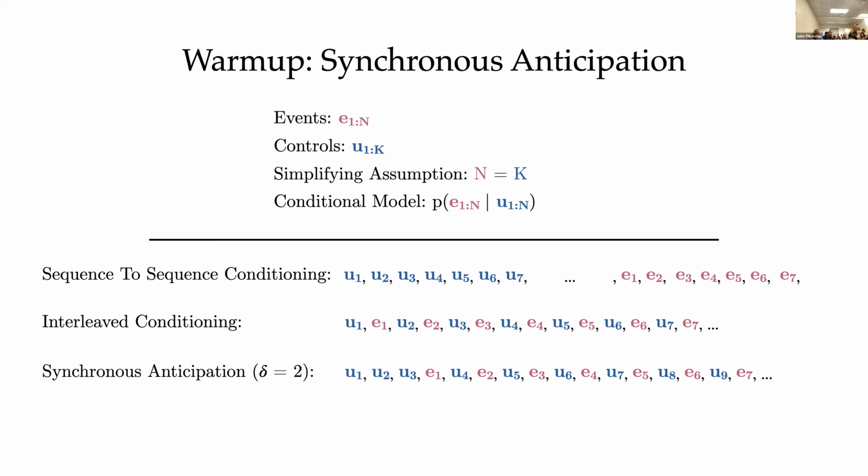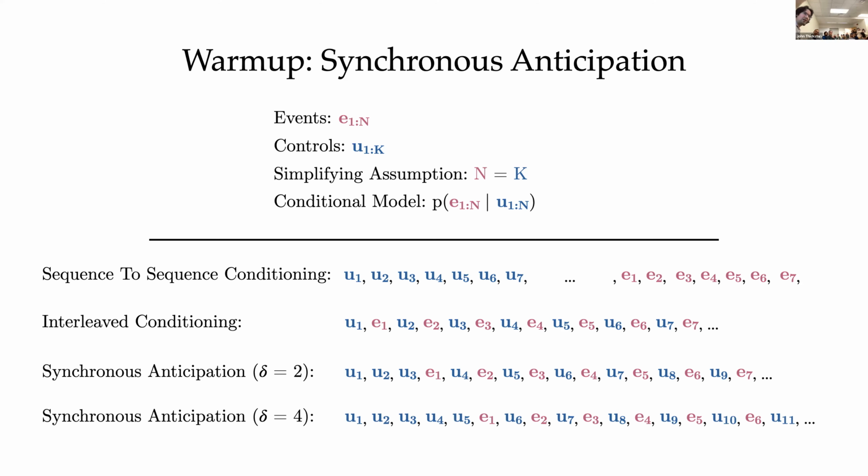So interpolating a little bit between these two regimes, what if I do this interleaving thing, but with an offset? Now, instead of pairing off U1 with E1, U2 with E2, et cetera, I pair off U3 with E1, U4 with E2, and put the early controls at the beginning of the sequence. Now I have a little bit of a knob that I can tune.